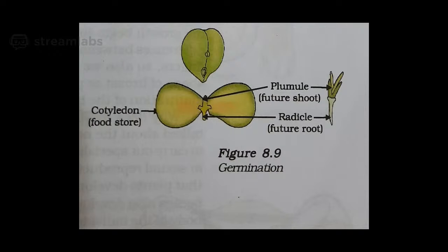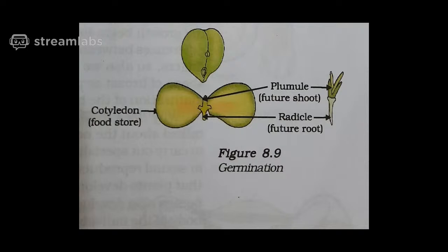When you place the seeds, it produces a sapling where the cotyledons come outside from the soil. That means it is a dicot. The leaf shows reticulate venation. This is how we can differentiate monocots and dicots with the help of venation. Monocot shows parallel venation. Dicot shows reticulate venation.